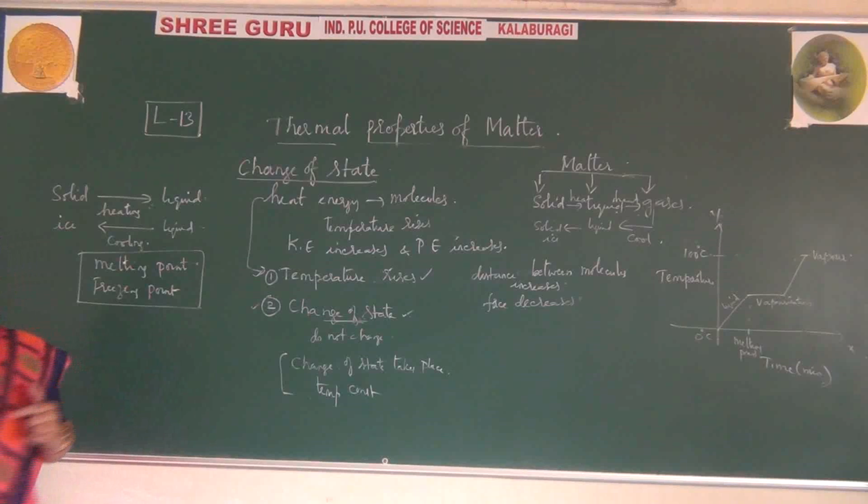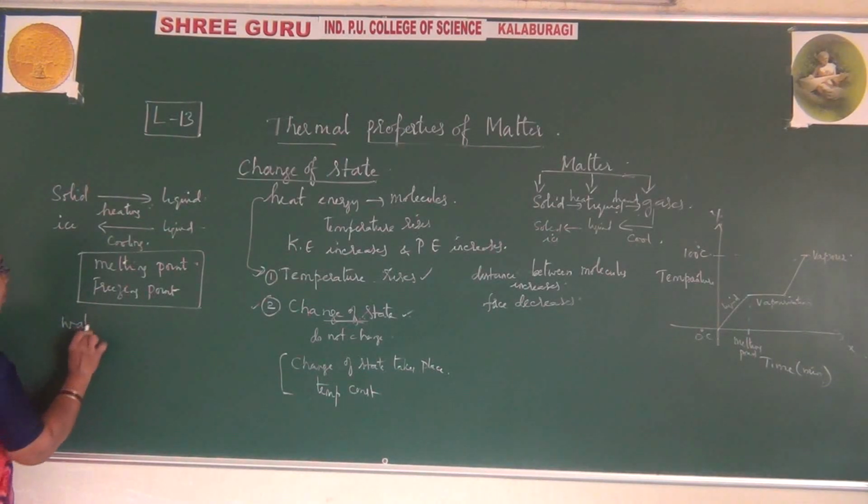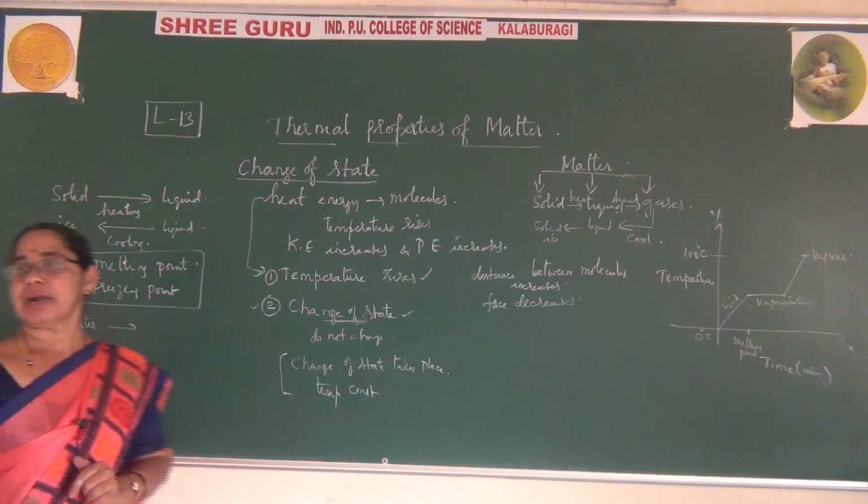So let me explain with an example. If I take ice, let me say I just take a solid substance and liquid, as I said already. Now let me take water. I already have water at present.